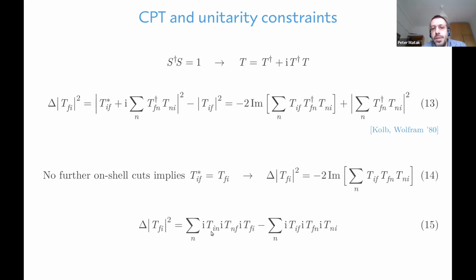Okay, so what this means is that I will start with some initial state I, then I will go to F, from F to N, I will sum over all intermediate states N, and then I will end up again in I. So this is a series of 3 Feynman diagrams in a sequence from right to left, and it is a forward scattering diagram cut with 2 on-shell cuts. Now there is no complex conjugation in any of the propagators because we got rid of the dagger here at the lowest order.